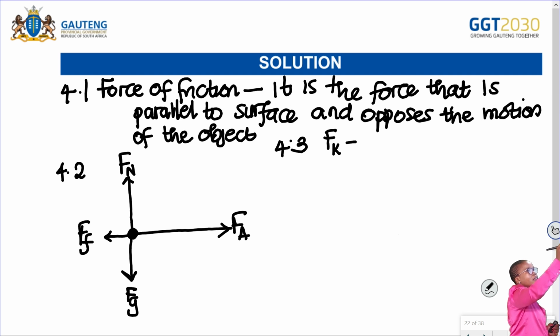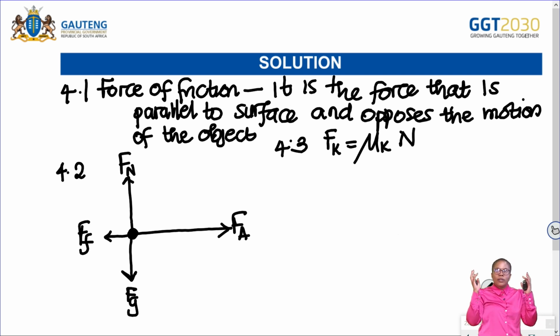Fk is equal to mu k N. In this case, because the force that is acting onto the block is horizontal, there's no angle in between them. So that means the normal force is equal to what? The force of gravity.